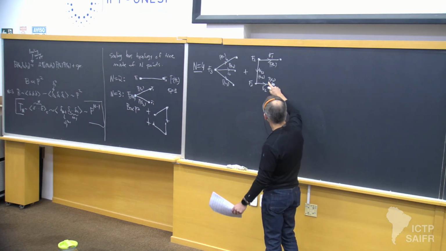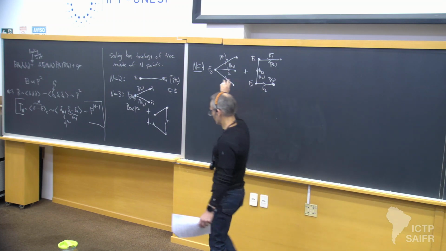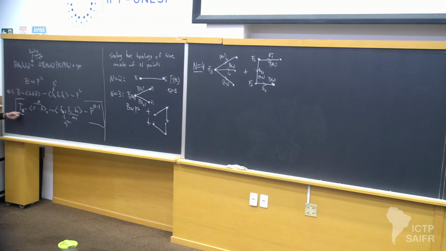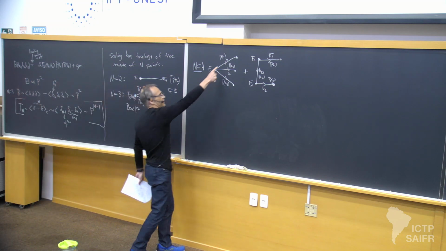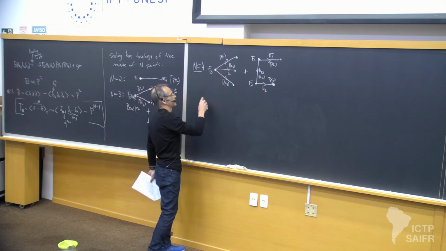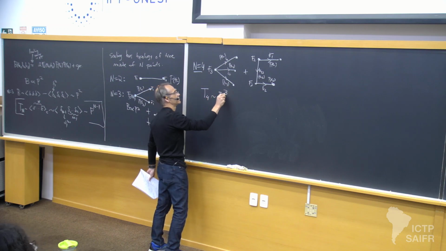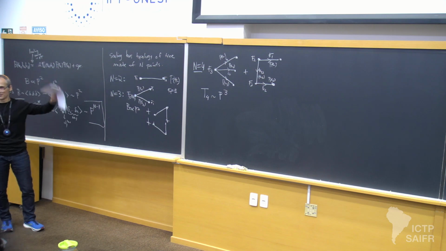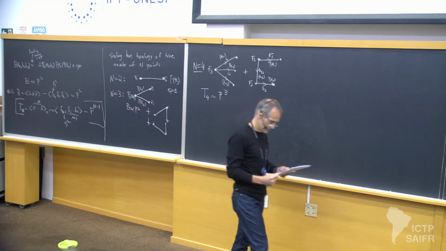So you can see now the connected 4-point function, the trispectrum, will scale as power spectrum cubed, right? Because now I have 3 links. So this is saying the trispectrum scales as the power spectrum cubed. And you can keep doing this for all higher order correlators, but I'll stop here.